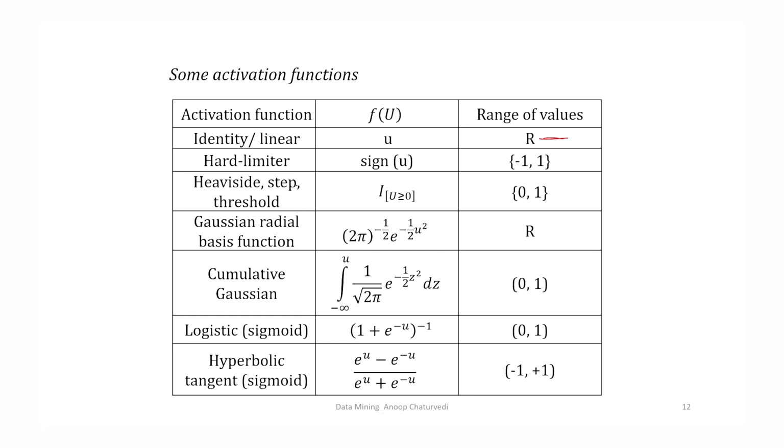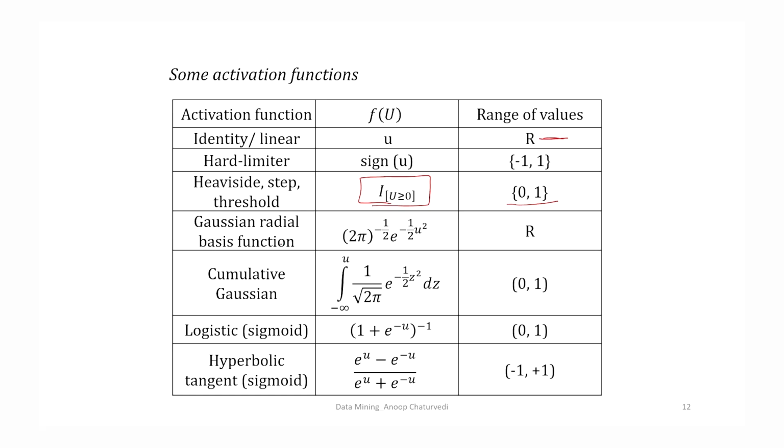Heavy side or step threshold, this is the indicator function I u greater than or equal to 0. So, obviously, it takes values 0 and 1. So, its range is 0 1.